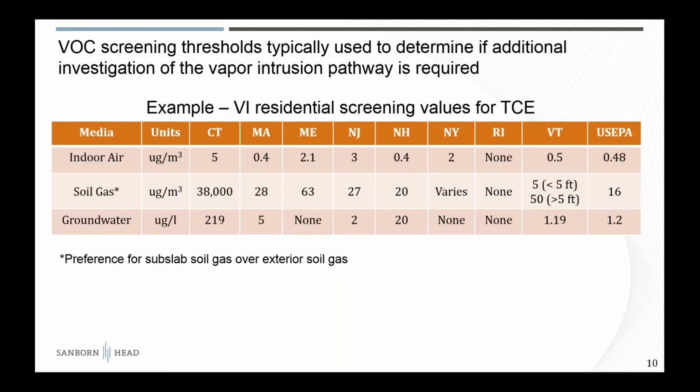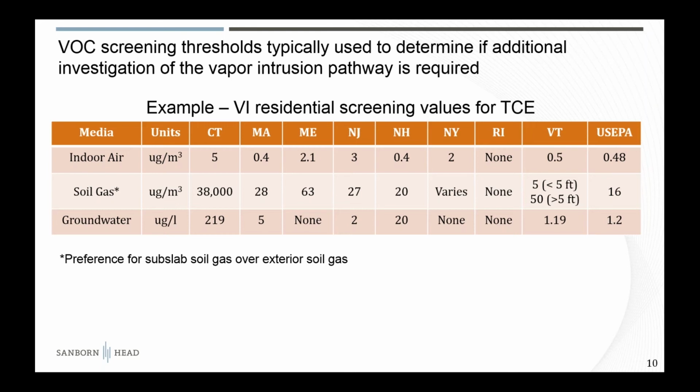Does that mean that one state is better than another? I'm not going to answer that question. But just look at indoor air alone: it spans an order of magnitude from a low of 0.4 for TCE to Connecticut at 5. And then soil gas, even multiple orders of magnitude difference.